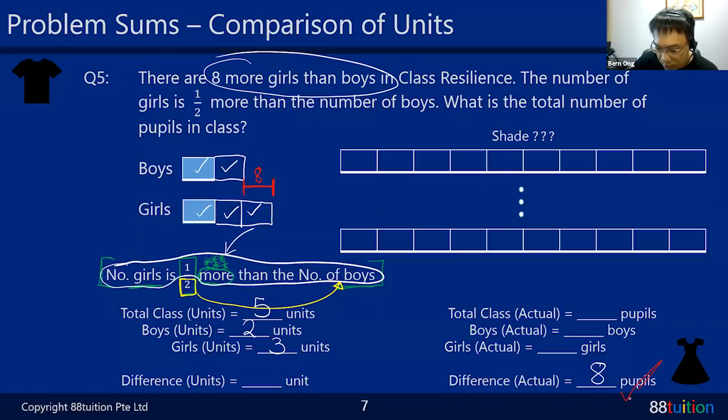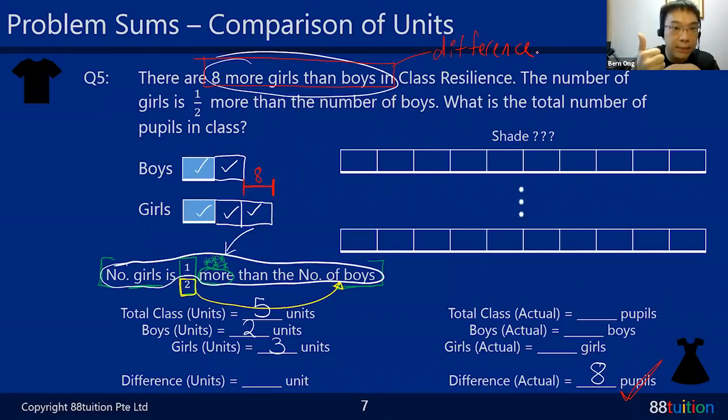But the question will not tell you straight in the face, differences is 8. They never say such things. They will just say there are 8 more girls than boys. But this clue simply means it is the differences.